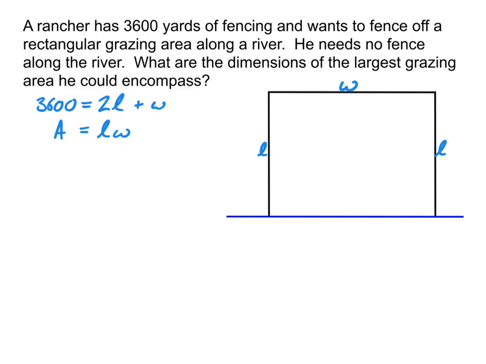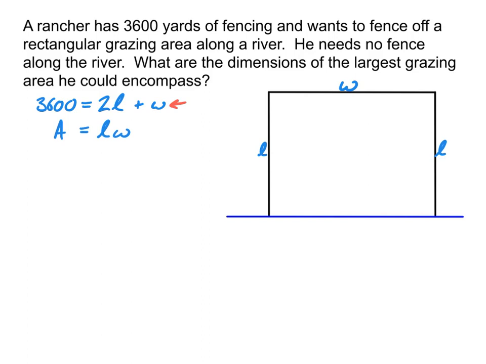Now that I've gotten this far, I want to make this equation have just two variables in it, the A and either L or W. So I'm going to take the first equation and solve that for either L or W. In this case, it seems easiest to solve for W. So that's what I'm going to do.